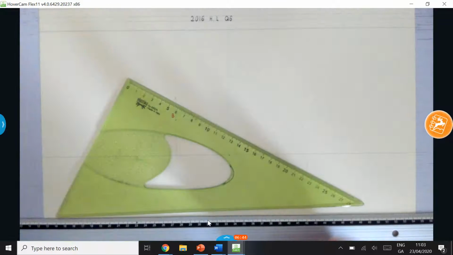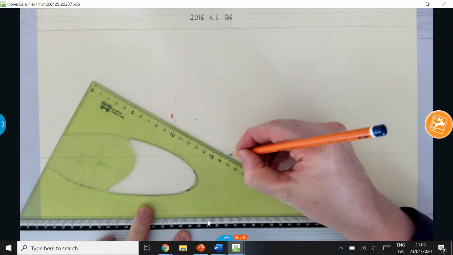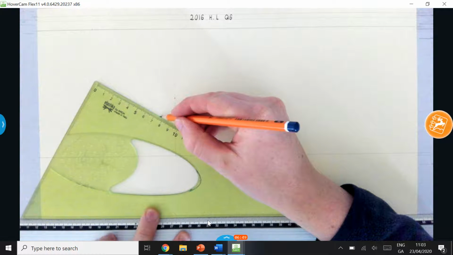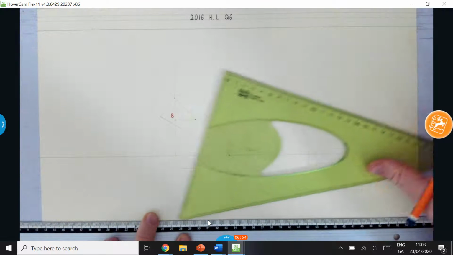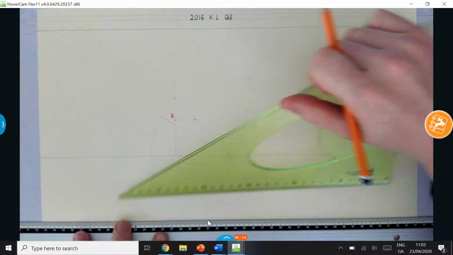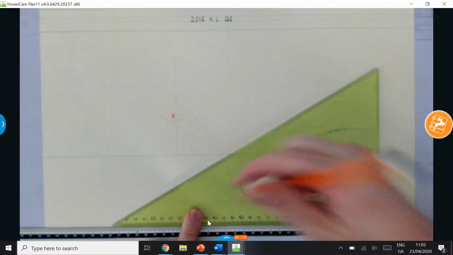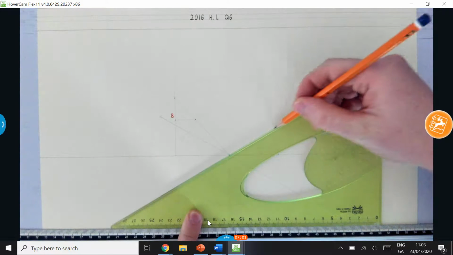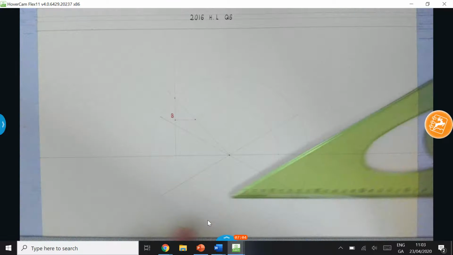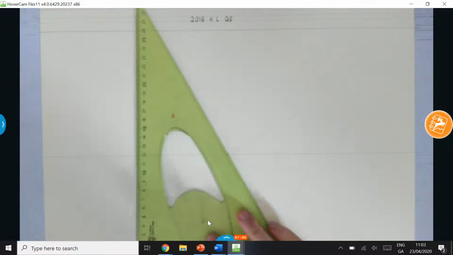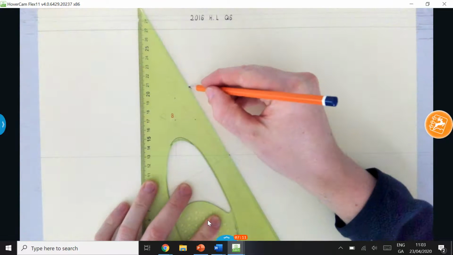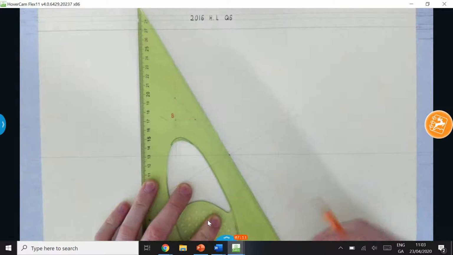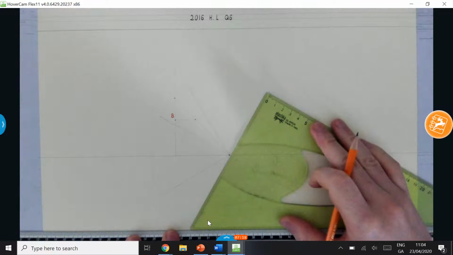So we're getting our 30-60 degree set square, and through the centre point, go and draw a 30 degree line in this direction, and a 30 degree line in the other direction. 60 degree line in this direction, and 60 degree line in the other direction.